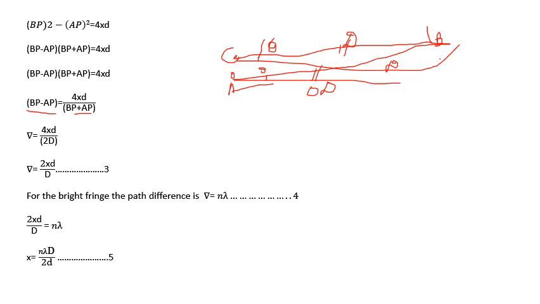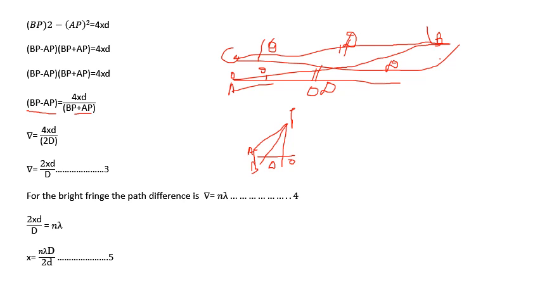As we know the value of BP and the value of AP, I am again tracing the diagram. Suppose this point is A, and this point is B, and the distance between B and this point P is approximately equal to D. So these two points are very nearly situated, very near, and AP is very far away from the screen range.